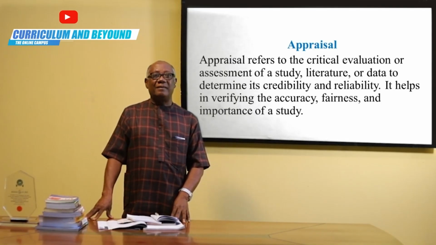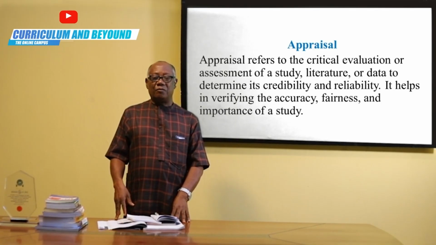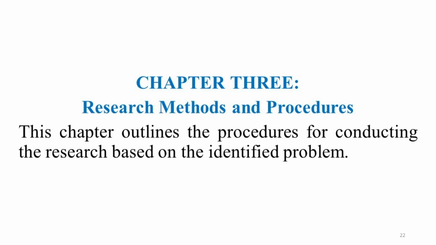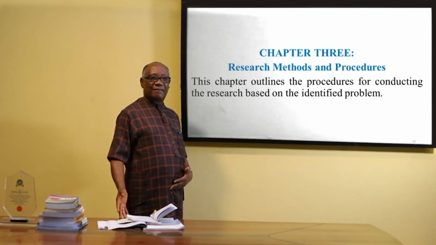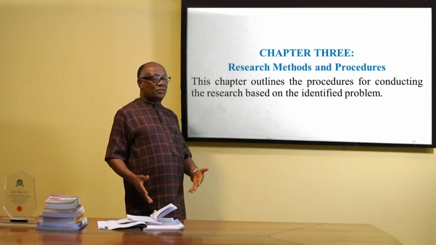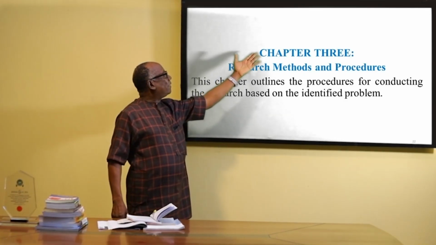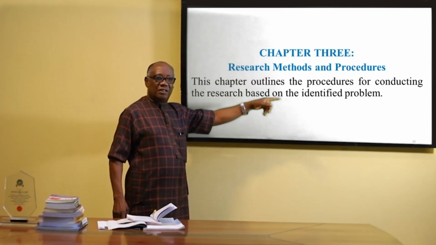Now, having done with this, we'll go to chapter 3. Now, the title of chapter 3 could vary from one faculty to the other. But in some institutions, the title of chapter 3 is Research Methods and Procedure.